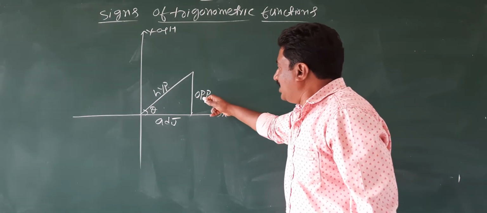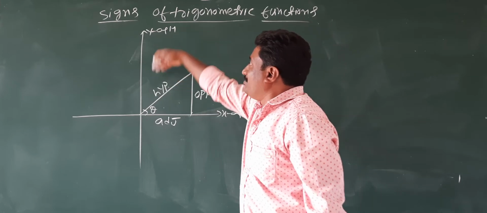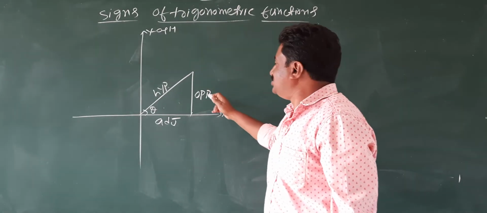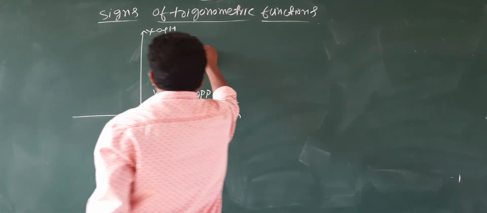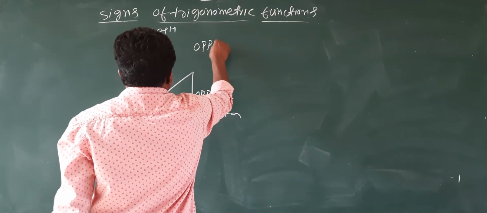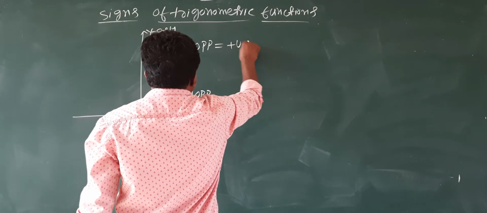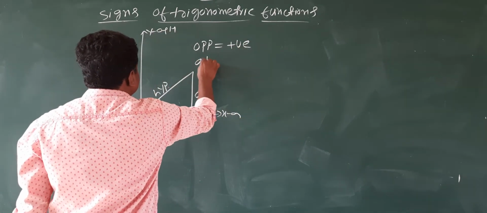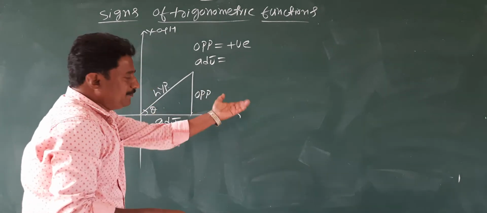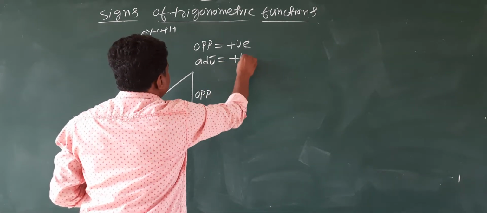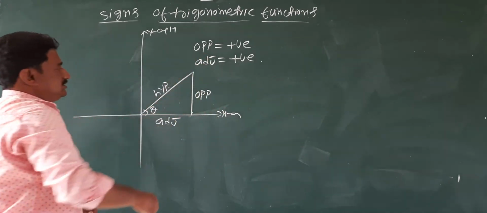The opposite side value should be positive. In the first quadrant, opposite is positive. Adjacent is along the positive x-axis, so adjacent is positive. Now the hypotenuse.